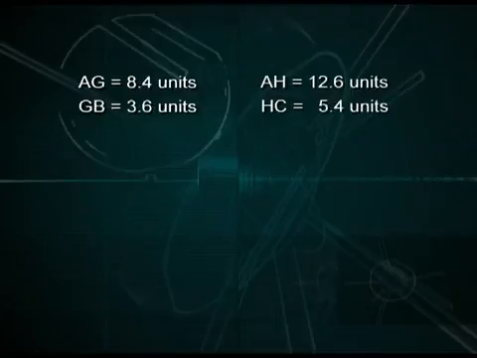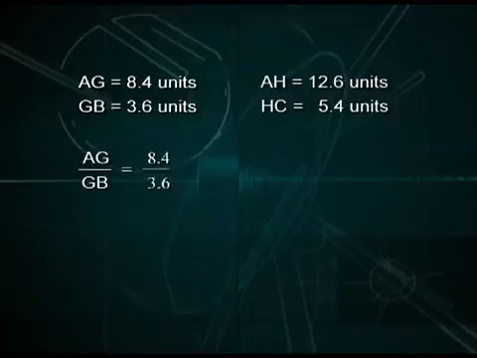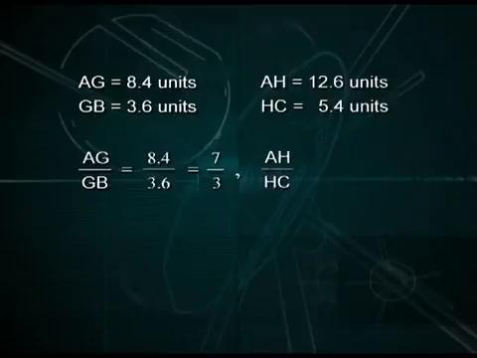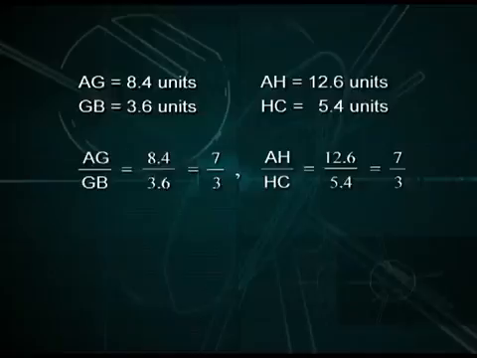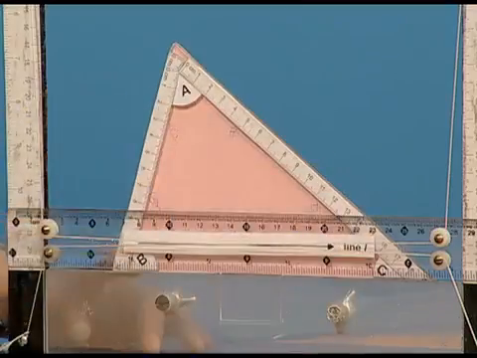Again, by mathematical manipulation, AG by GB is 8.4 upon 3.6, which is 7 by 3, and AH by HC is 12.6 upon 5.4, which is again 7/3, which shows that the other two sides are divided in the same ratio.